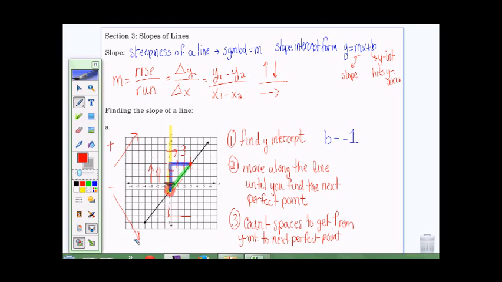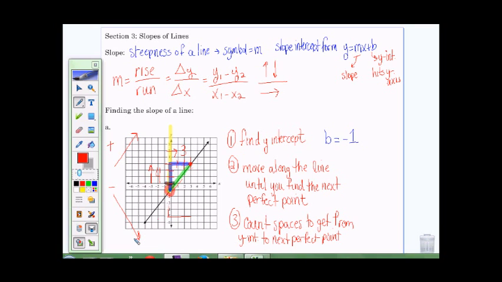Because the slope is steepness, the number part tells you how high the line is going. The bigger the number, the steeper the line, the taller it is going straight up and down. The smaller the number, the flatter it is. And then the negative or the positive tells you, are we going up as we move from left to right, or going down?